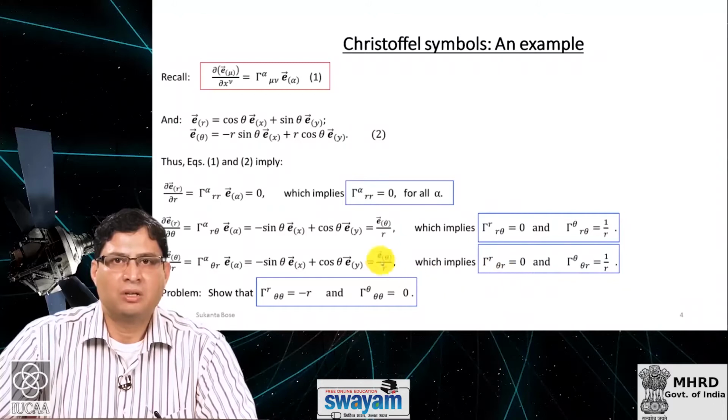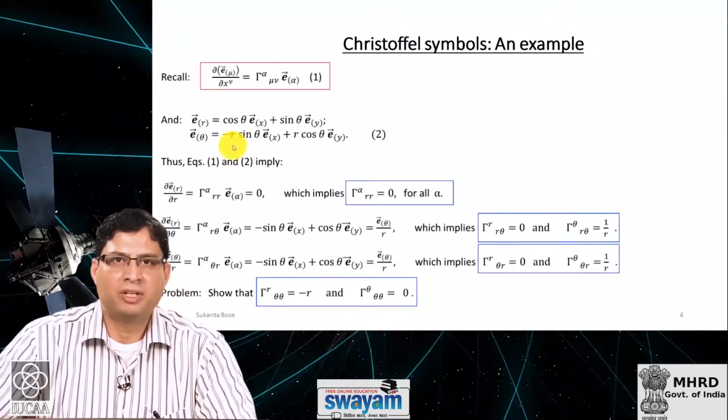On the other hand, 1 over r must be the coefficient of E theta in this Christoffel symbol expansion. Therefore, gamma theta theta r, alpha now being theta, has to be 1 over r, which is what we worked out. So, you can again take it as an assignment to figure out what the derivative of E theta is with respect to theta.